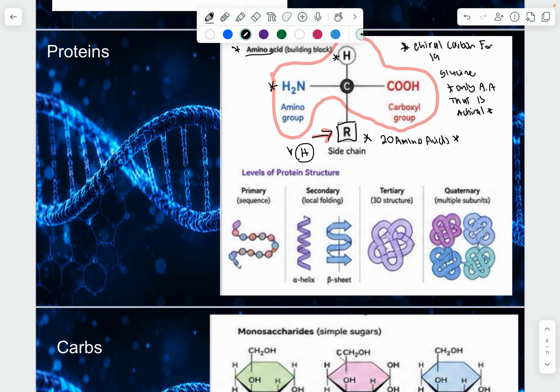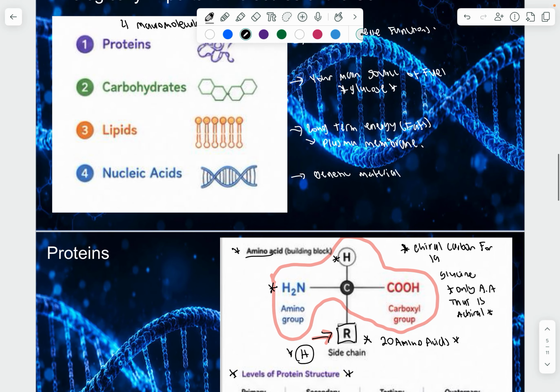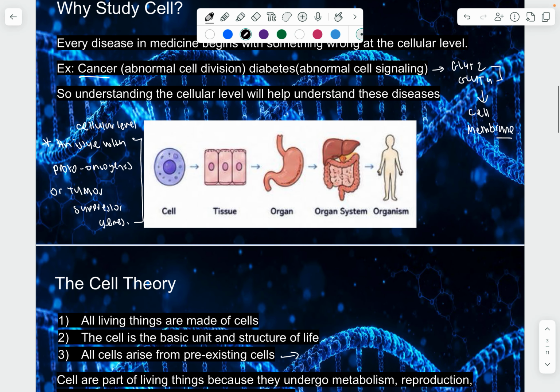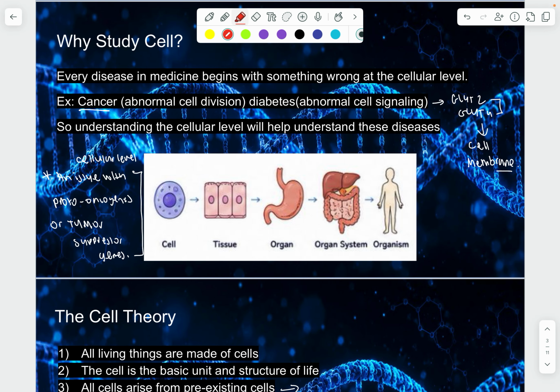Another thing that's very important to know is levels of protein structure. So the way things work, and I did not touch upon it, but look over here, when we talk about cells, they build up and multiple cells come together and form tissues. A bunch of tissues will form an organ. A bunch of organs will form an organ system, like over here. If you can tell, that is your digestive system.